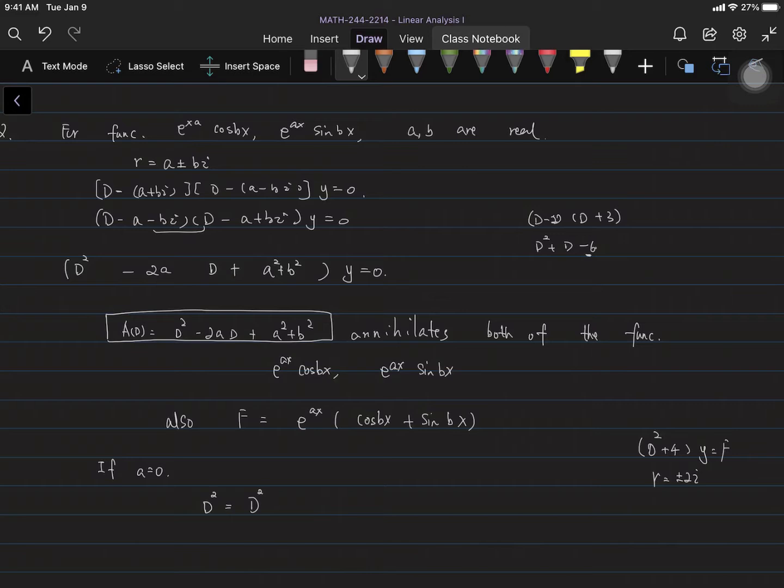D squared. So let's see, the middle term becomes 0 and a squared becomes 0, so just D squared plus b squared. Sorry, this should be AD. Okay, so that's the special case when a is 0.